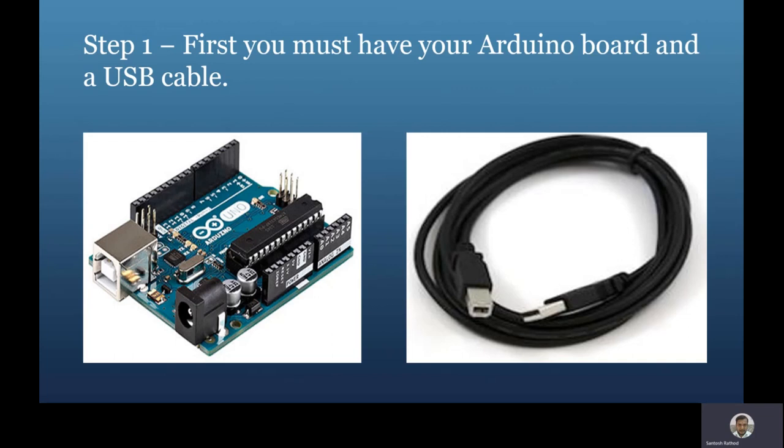We can select any of the versions of the Arduino board which we have discussed in the prior videos. We can go with the Arduino Uno or Arduino Nano, or the LilyPad, any of the versions. Apart from the Arduino board, we also need a USB cable for connecting the board to the computer system.